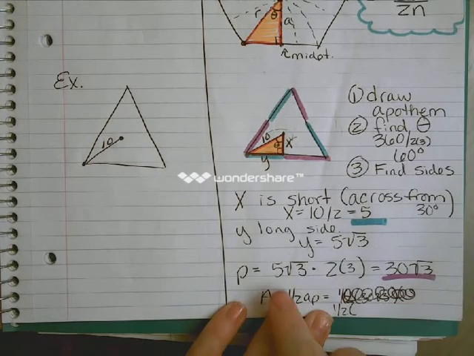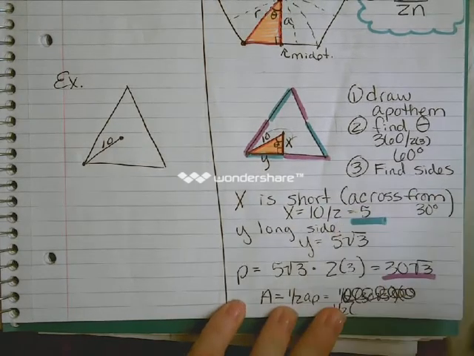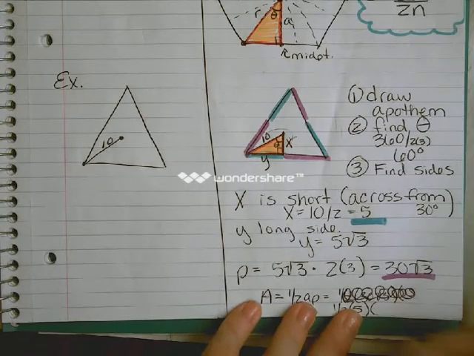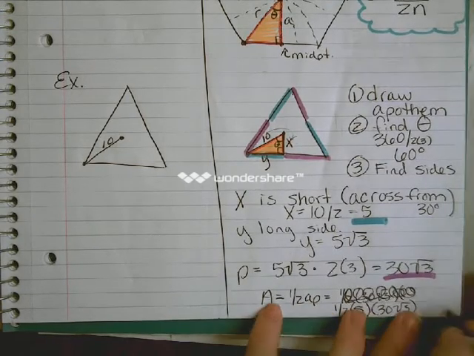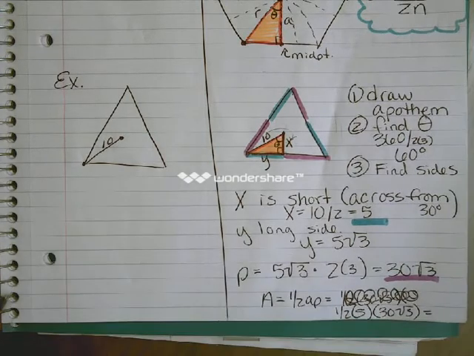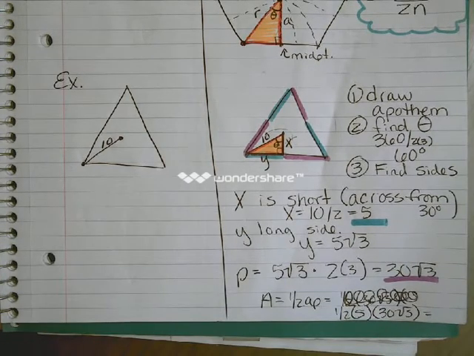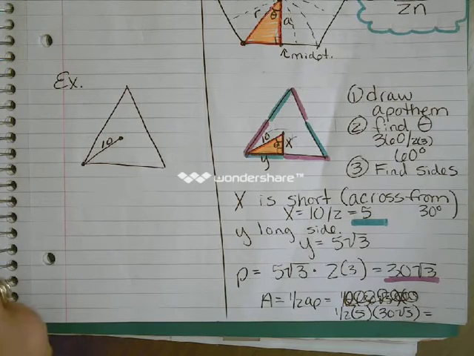And the perimeter was 30 square root 3. And 30 times 5 divided by 2 is 75 square root 3. Okay.